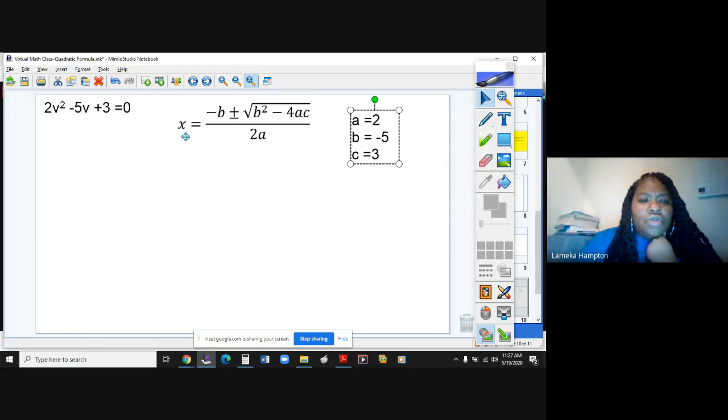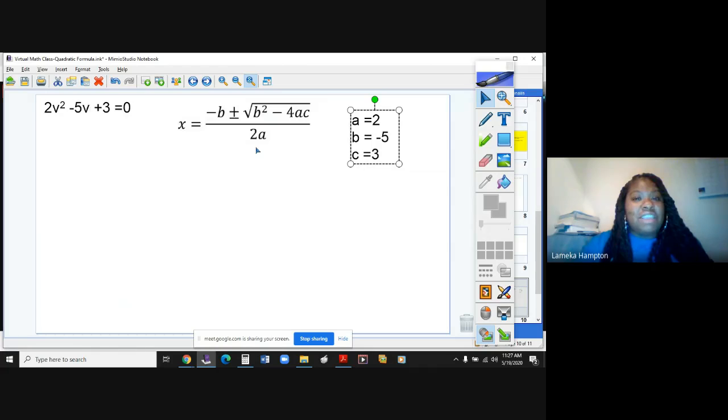All right, so we have x is equal to negative b plus or minus the square root of b squared minus 4ac, and all of that is over 2a. And again, the quadratic formula is nothing more than a fraction.